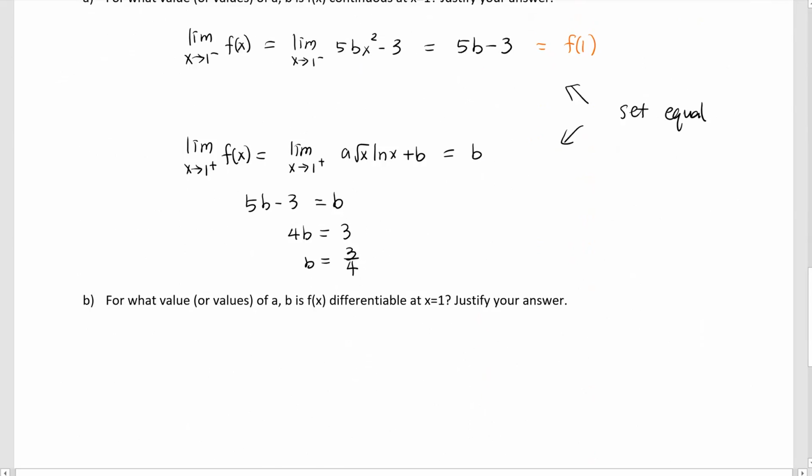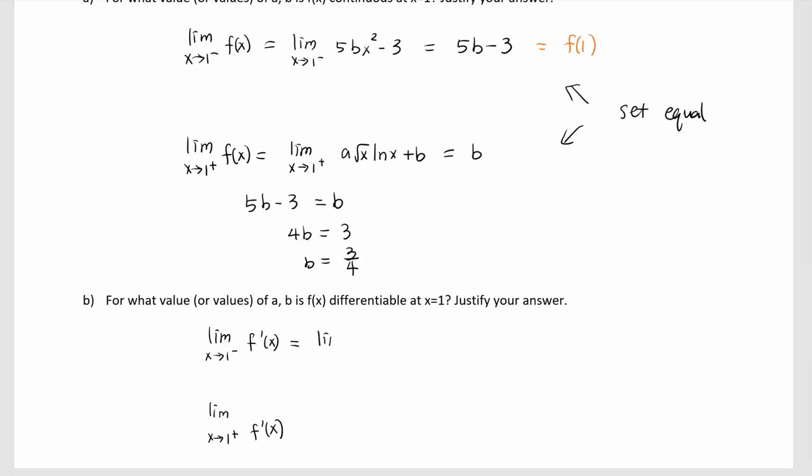So continue part B. For differentiable, we need to compute the two-side derivatives. Okay, the derivative of the top, what's the top? 5bx squared minus 3.